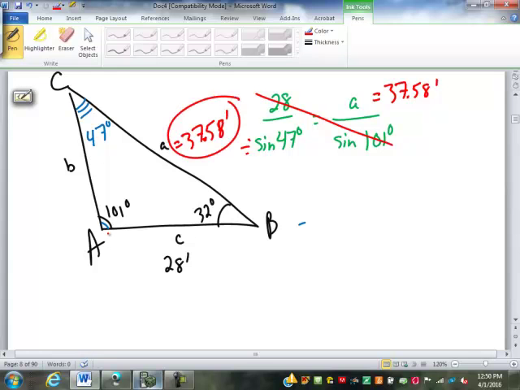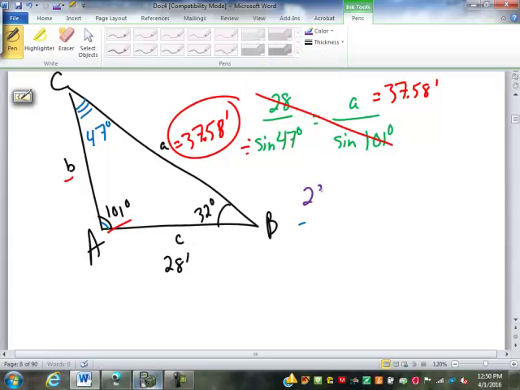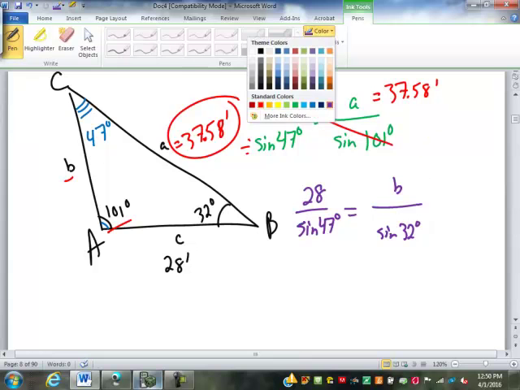Now that makes sense. 101 is the biggest angle in this triangle. Now to find B, we're still using the 28 over the sine of 47, because that is our side and opposite angle that we have. B over the sine of 32. Now 32 is the smallest angle, so B better be the smallest side.